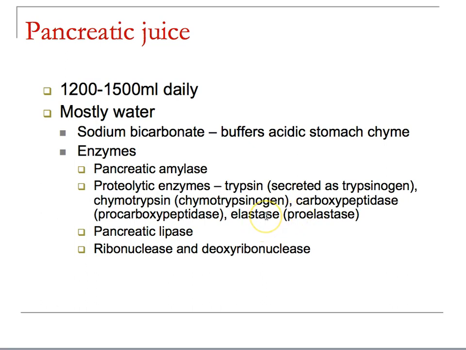Elastases, think about all the elastin you eat in terms of cartilages and just around blood vessels, I suppose. You have a proelastase. Carboxypeptidases are going to break off carboxy terminal peptide bonds. Chymotrypsins are working primarily on trypsin, and trypsin itself is secreted as trypsinogen, and these are going to work on breaking down these specific proteins.